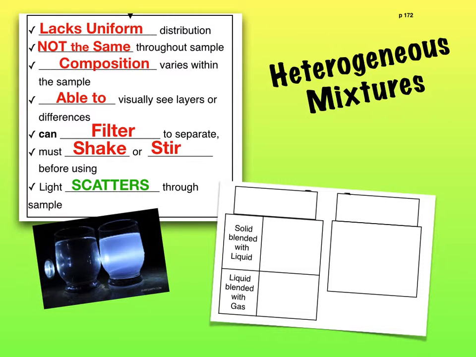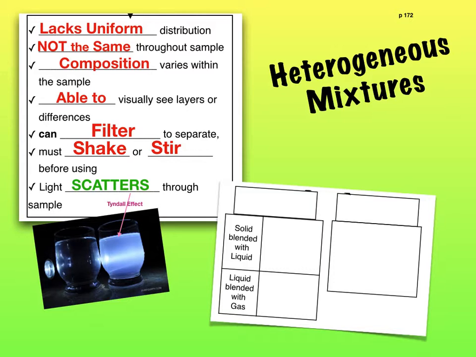You have the light source and the container farthest from the light source. It looks as if it is glowing or all lit up. That's because we are observing the Tyndall effect, that the particles within this mixture are large enough to scatter the light within the sample instead of allowing the light to pass through.